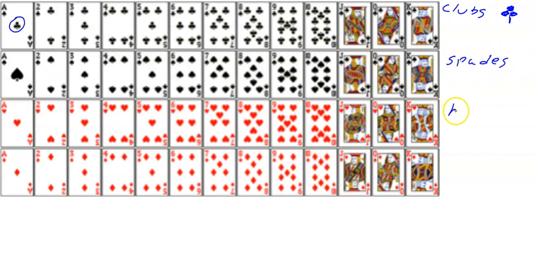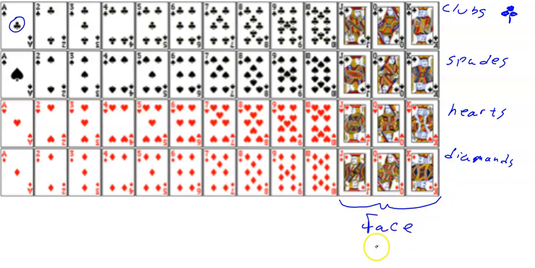We have hearts and we have diamonds. Now, traditionally, clubs and spades are always black. Hearts and diamonds are red. These cards right here, notice they have pictures of people. These are called face cards. And then we have the numbers 2, 3, 4, 5, 6, 7, 8, 9, 10.